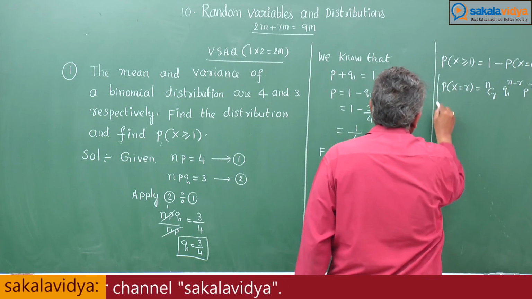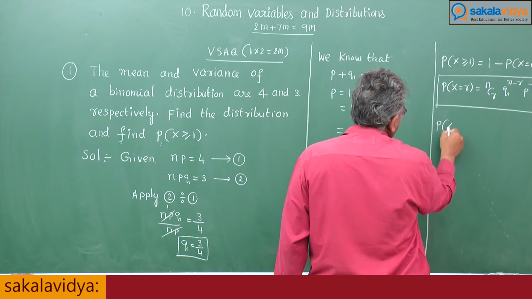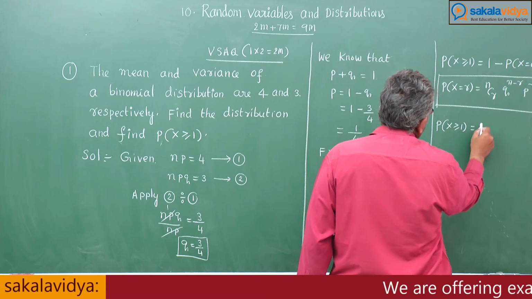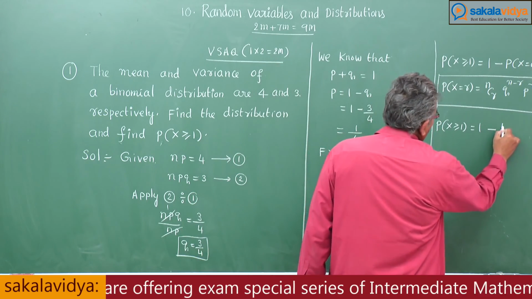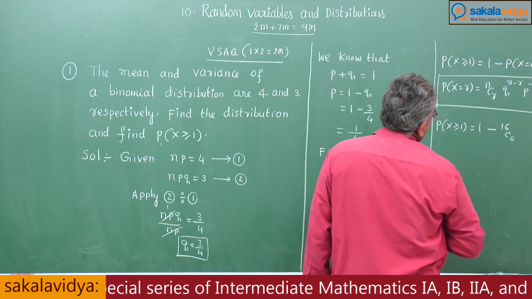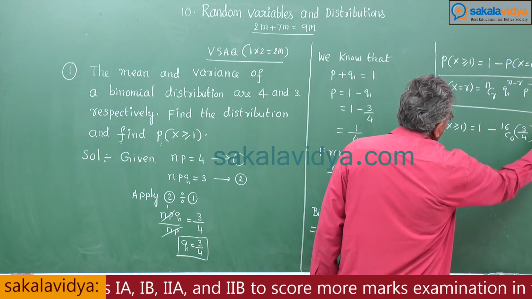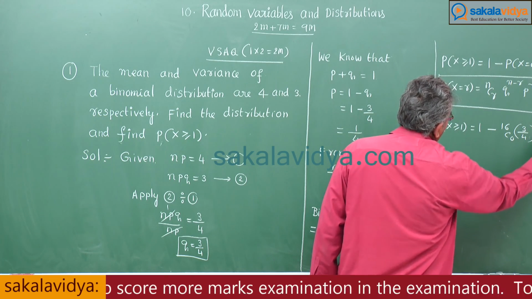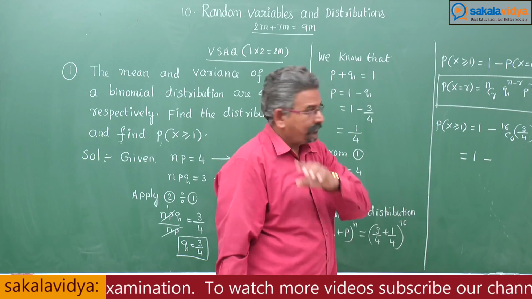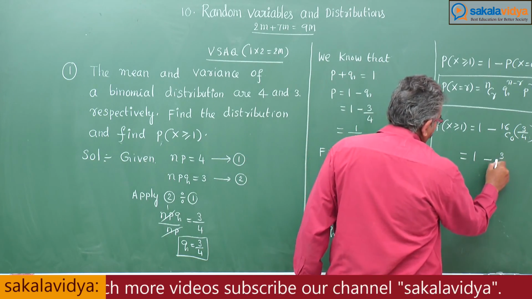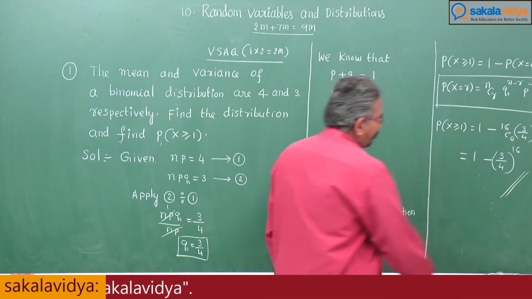This is the formula. So now P of x greater than or equal to 1 is 1 minus, n stands for 16, 16C0, q stands for (3 by 4) whole to the power of 16, and p stands for (1 by 4) to the power 0. So this is equal to 1 minus 16C0, which is 1, times (3 by 4) whole to the power of 16. This is a very big number. Leave it, no problem. This is the answer.